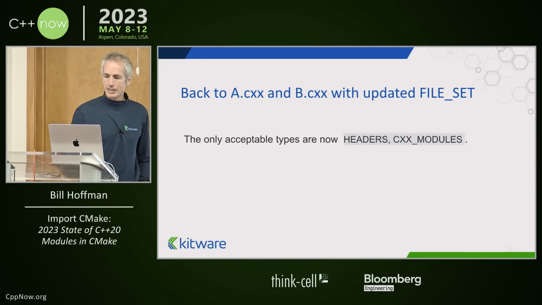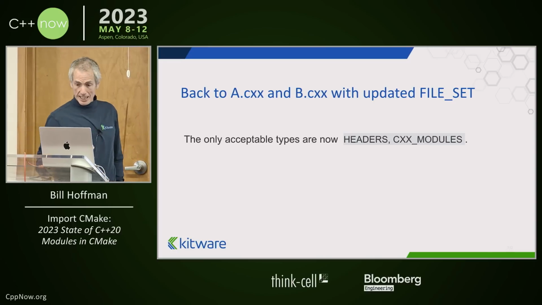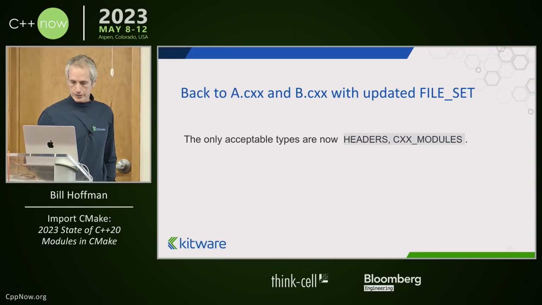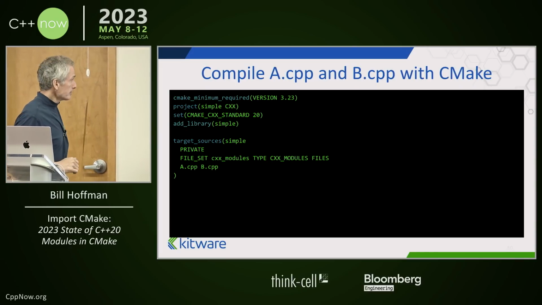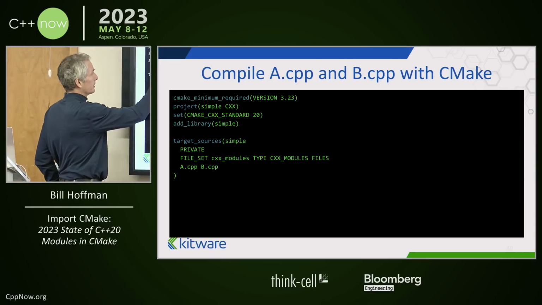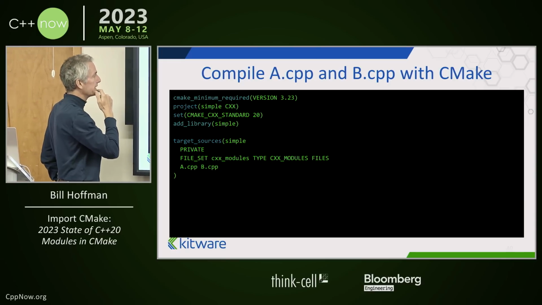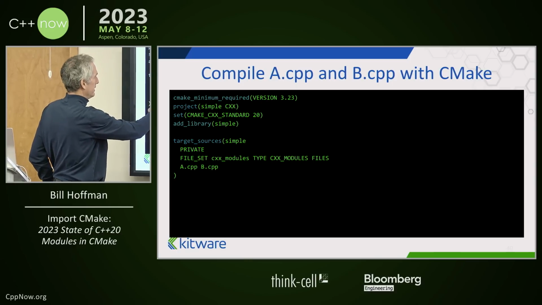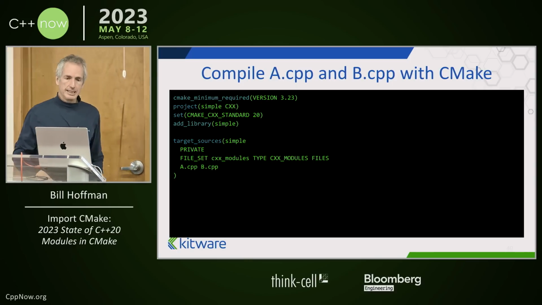So we added another type, which is beyond the headers, which is CXX_MODULES. So if we go back to our A.cxx, B.cxx, we'll create a library, simple library, and we'll give it a file set, CXX_MODULES, A.cpp and B.cpp.